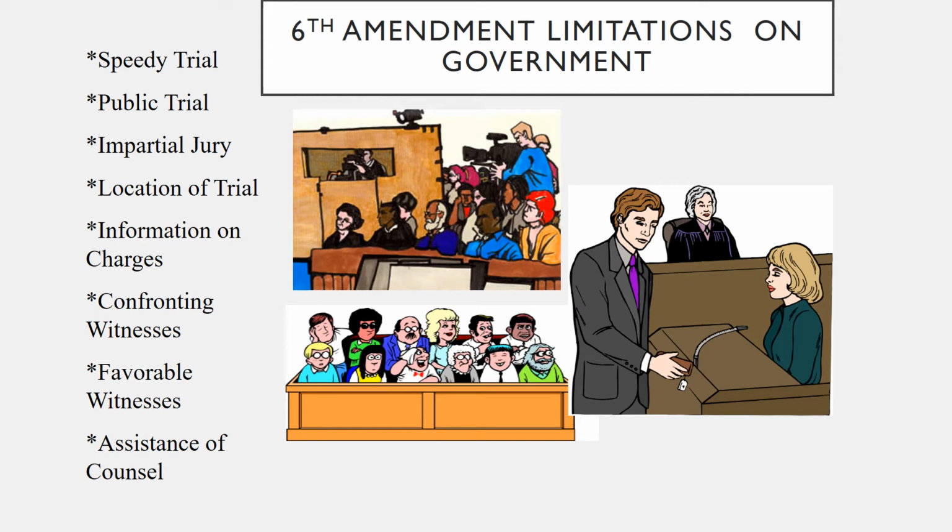Favorable witnesses is if you're on trial, you have a right to have the witnesses that you choose to speak in your favor be there. And so if a person commits a crime or allegedly commits a crime, if their friends were there and that person wants those people to be witnesses for them in the case, then they have that right to do that.